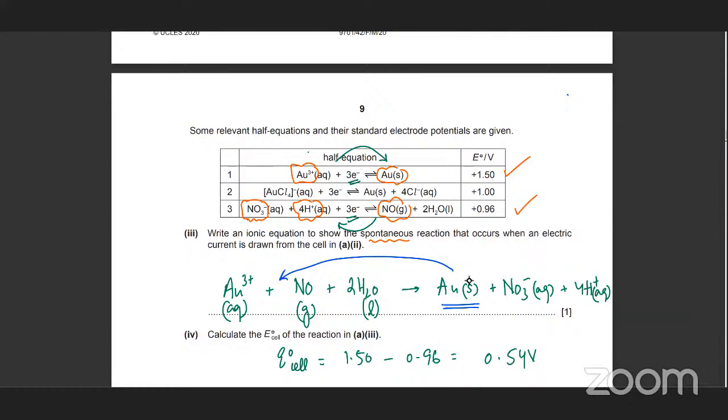Gold does not dissolve, gold is very unreactive. The spontaneous reaction clearly shows that the ions are turning into gold, the gold is not turning into ions. So the spontaneous reaction suggests that it does not like to dissolve. Okay, is that clear? Yes, sir.